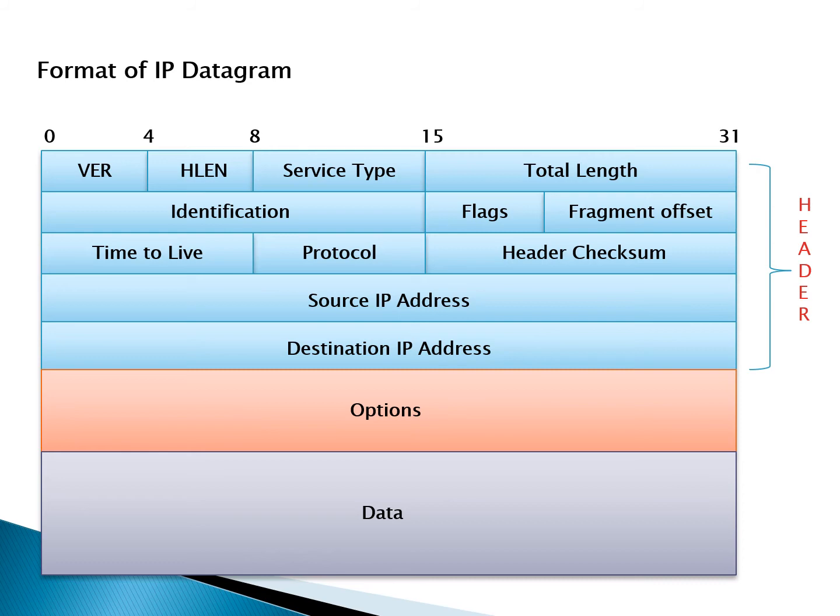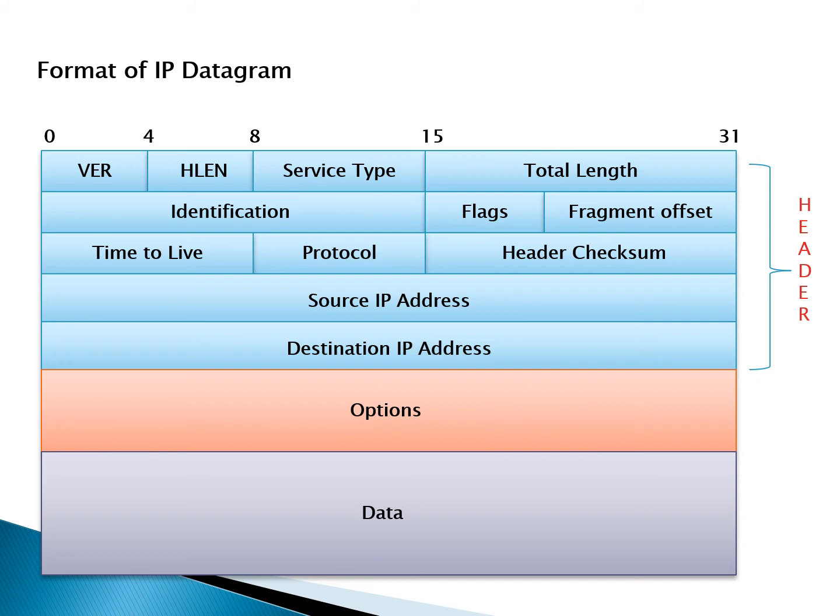These are the fields of the IP header. In the first row, the first field is version. Next is header length, then service type and total length of the packet. In the second row, the first field is identification, then some flags and fragment offset.